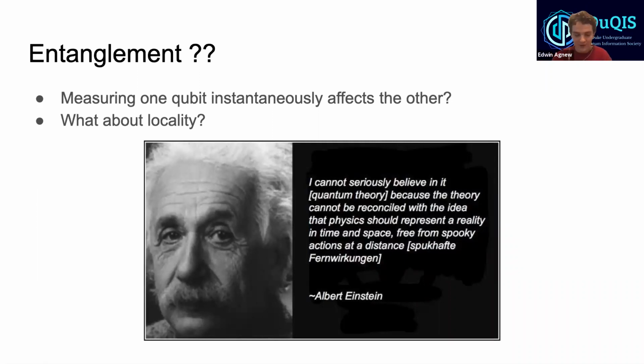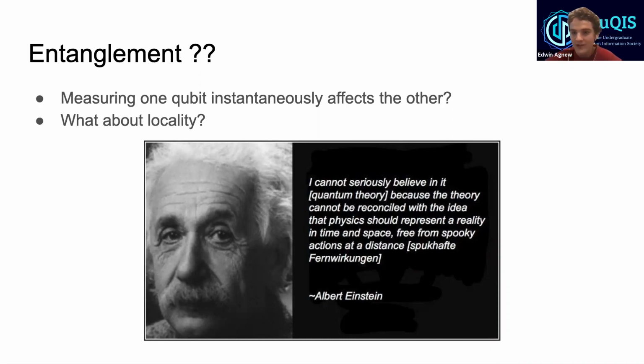Because if you've got one measurement instantaneously affecting the other, no matter how far apart they are, this seems to break the assumption of locality. No one really knows whether or not it breaks locality. It does actually seem quite likely. It's a very big debate continuing in the quantum physics community.